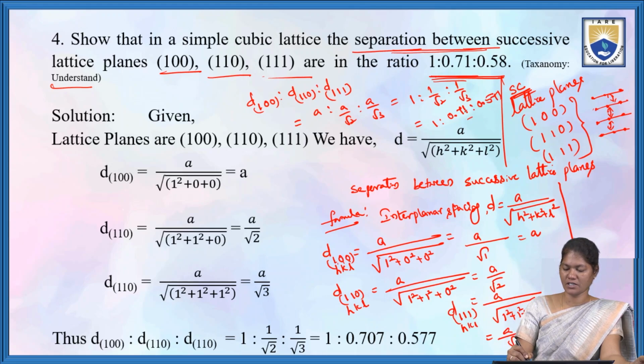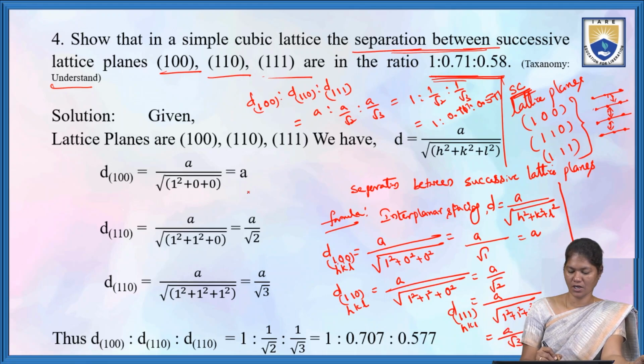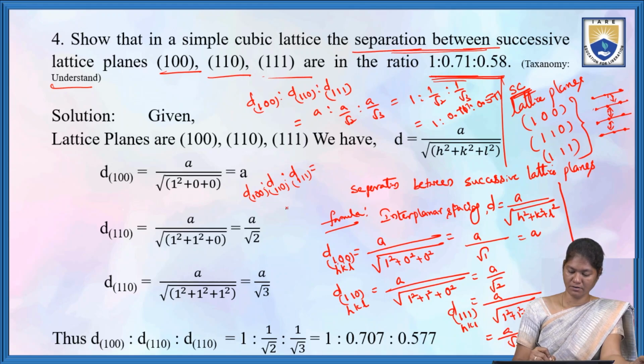Simplifying, D100 is to D110 is to D111 is equal to 1 is to 0.71 is to 0.58. So this is that.